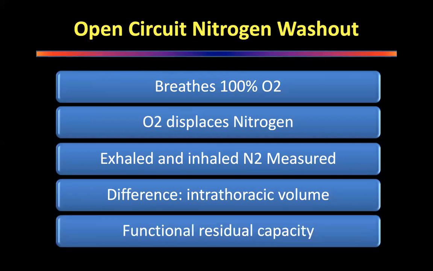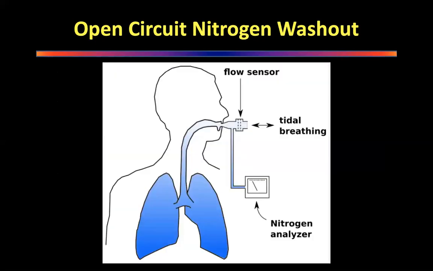Indirectly, once you know the intrathoracic volume, which means once you know the residual volume, you can calculate the functional residual capacity. So the whole game is about calculating what is left behind in the lung, the residual volume.